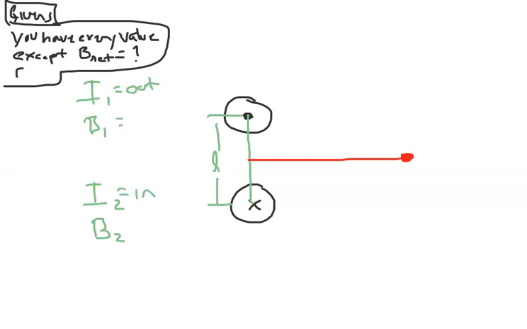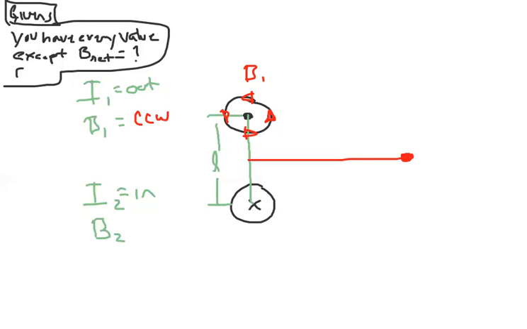If we put our thumb in the direction of I, which is sticking out, and let our fingers naturally curl around our thumb, or keep your hand completely flat and then let your hand curl, we can see that B is in this direction. That's the direction of B1, which means it's counterclockwise. B1 is counterclockwise for I1.